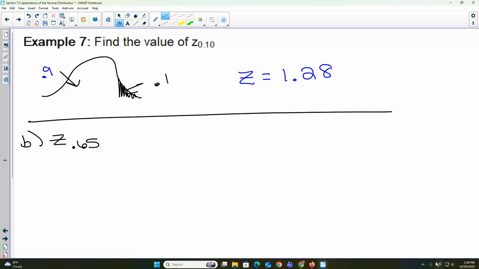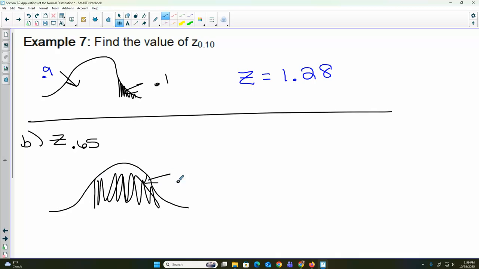I want you guys to try z of 0.65. This means 65% of the area is to the right of this z value. So we need to find our z to make this true. If 65% is to the right, how much is to the left?